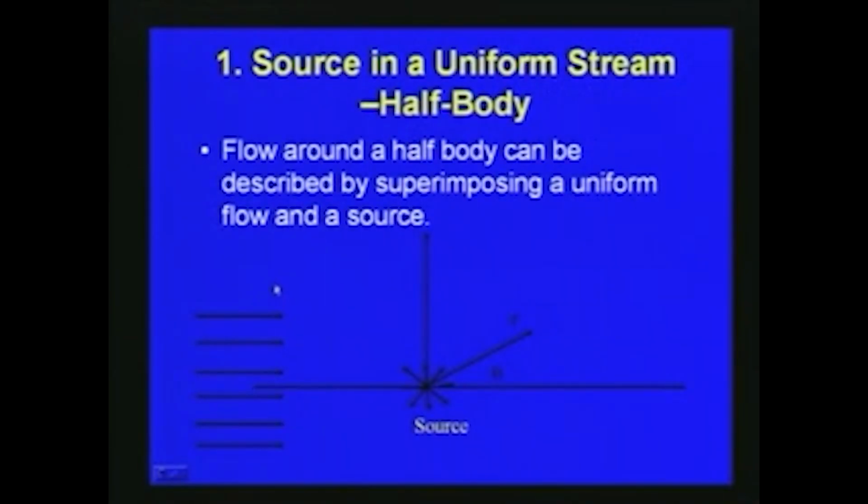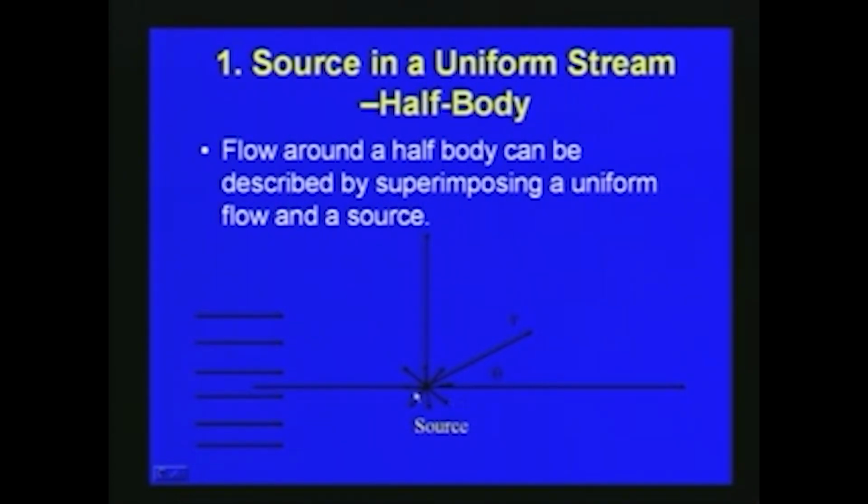When a source in a uniform stream is superposed, we get a half body. In this figure, you can see that we have a uniform flow of velocity, say u0, in this direction, and then we superpose a source.